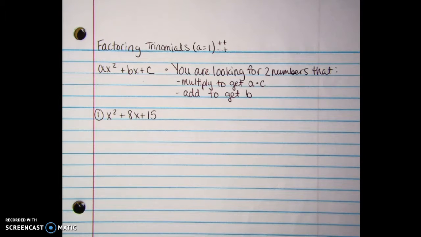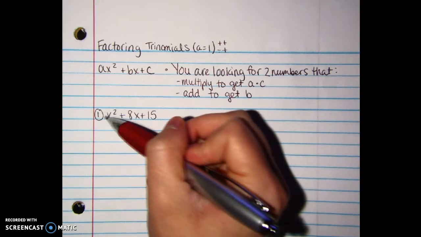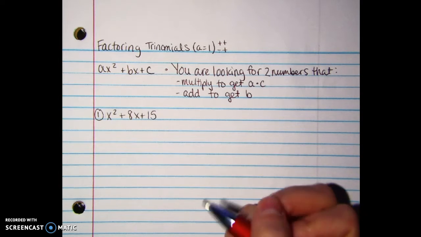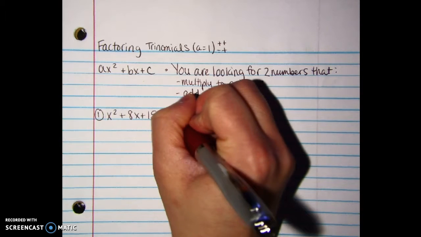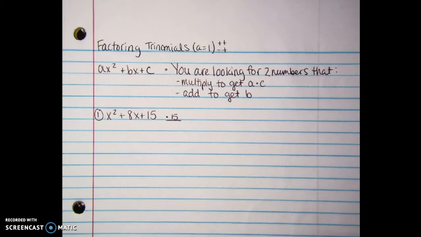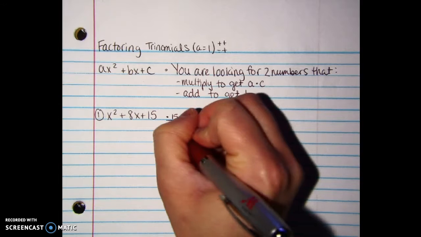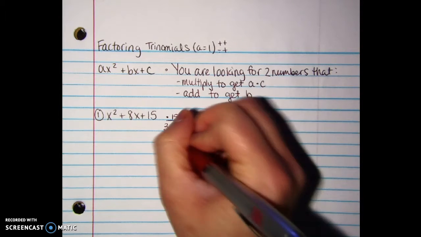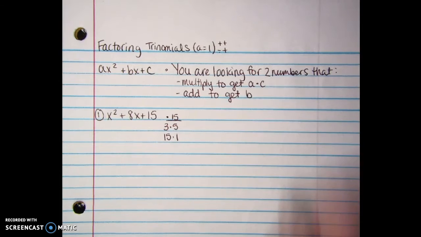So with example number 1, a right here is 1. 1 times 15 is 15. So a times c is 15. So I'm looking for two numbers that multiply to get me 15. I know 3 times 5 is 15, and I know 15 times 1 is 15.